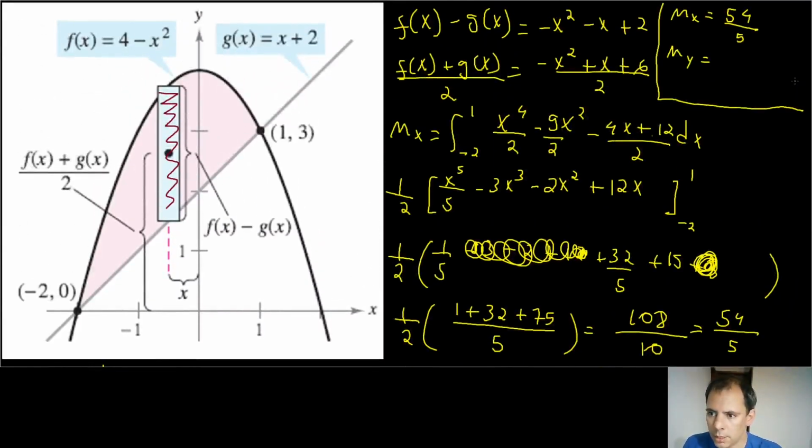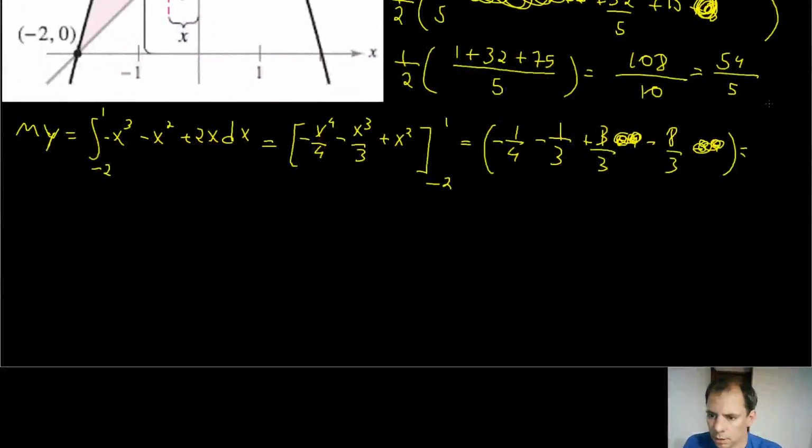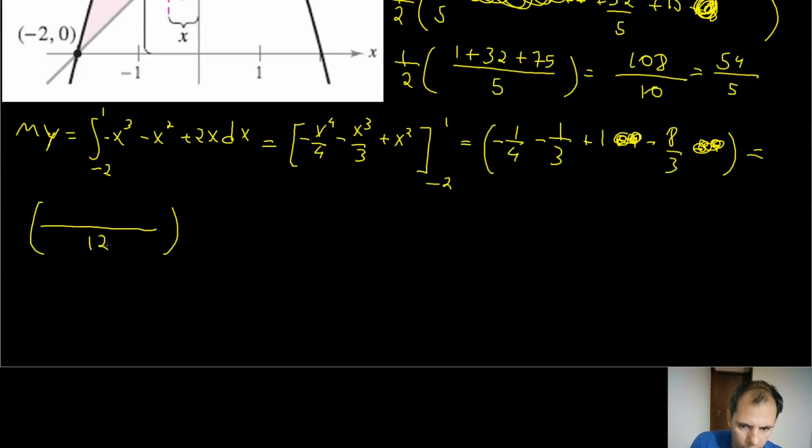Let me undo this. Okay. There's a 4 here. I forgot about that 4. So this is going to be equal to, I put 12 minus 3 minus 4 plus 12 minus 32, right?